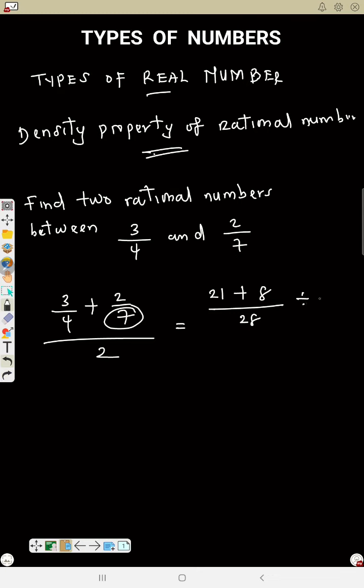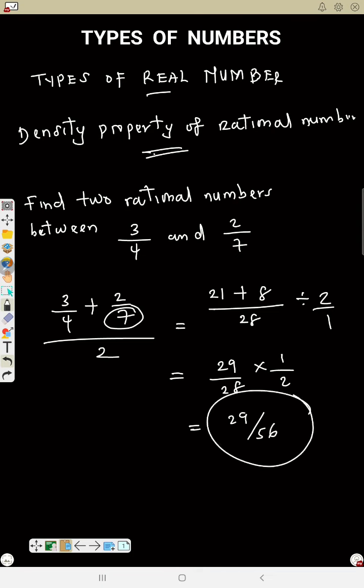Then divided by 2, that is 2 over 1. Instead of this divide, I'm using the multiply. So this becomes 29 divided by 28 times 1 over 2, which is equal to 29 divided by 56. That means this is one rational number.